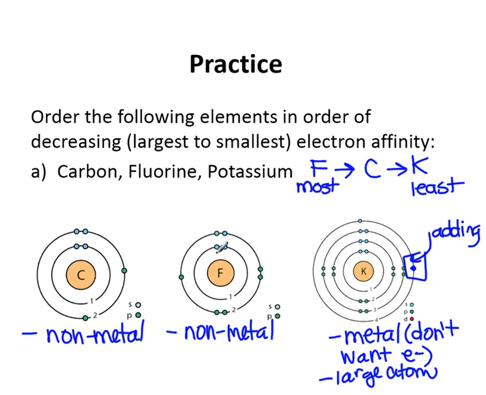When we compare the other 2, fluorine and carbon, they're both in the same period, both in the same row on the periodic table. But here, if we look at fluorine, fluorine has almost a full outer orbital. Over here, there are 7 electrons. So if we were to add an electron, it would go in here and it would pair up.